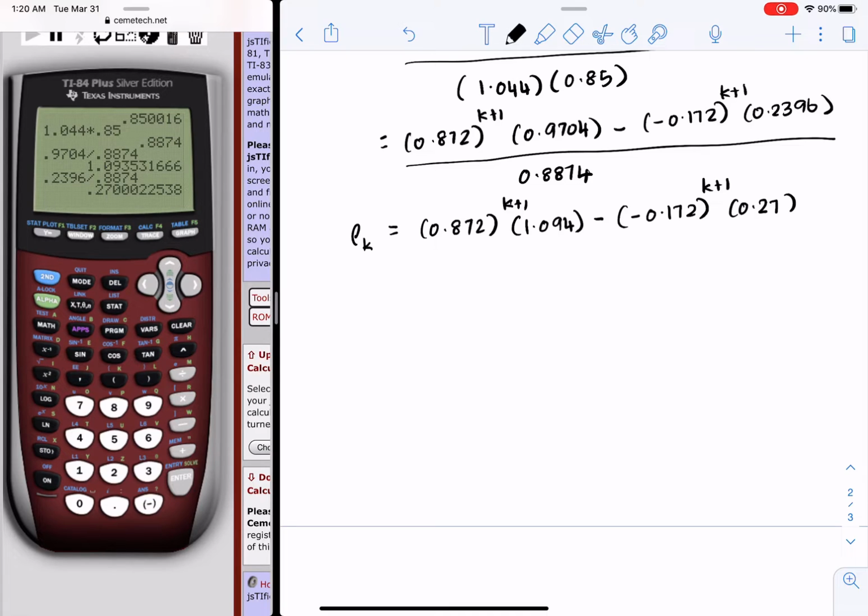Now that we have a general expression, we can find rho sub 4 by plugging in 4 for k. So we have 0.872 raised to 5 times 1.094 minus negative 0.172 raised to 5 times 0.27.